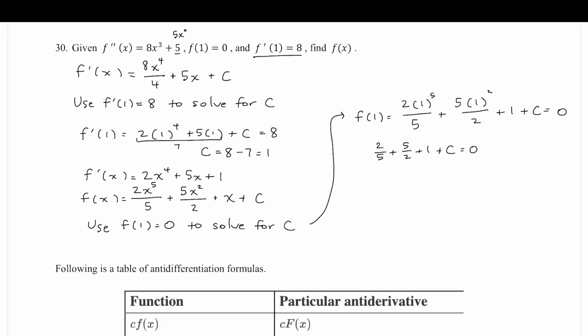Now again, if you're using a calculator, that's fine. You have 0.4 plus 2.5 plus 1, or you can use a common denominator if you prefer. That's fine as well. I'm just used to working with fractions, so that's what I'm going to go ahead and do.